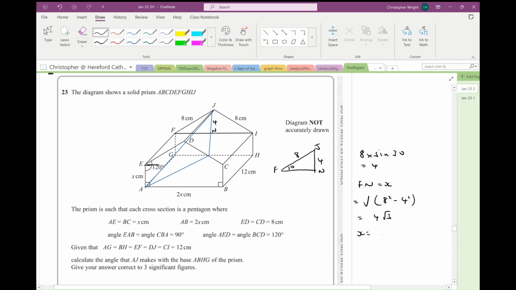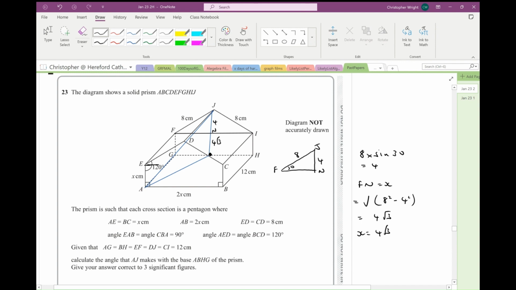How does that help me? Well, I know now the whole length up from the base to J, because this length here is 4√3. So the whole length is 4√3 plus 4. So I'm narrowing in on this blue triangle here.